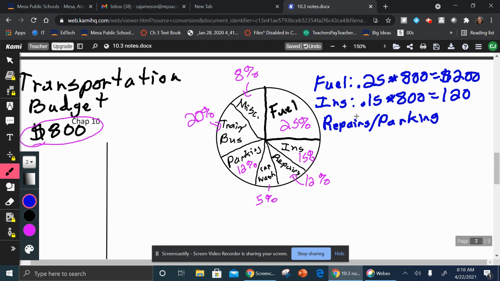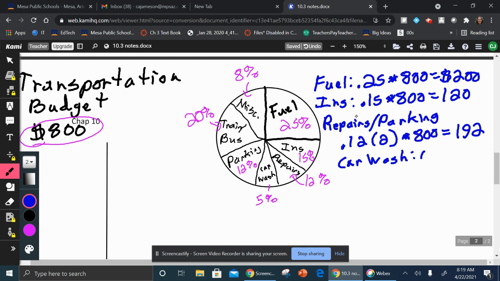Okay, so that's going to be 12% times 2 times 800. Okay, so 192. And then we have car wash. Love to have a nice clean car.